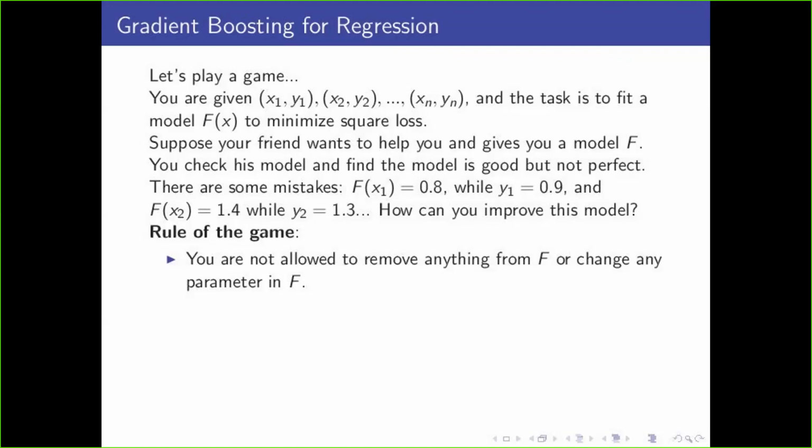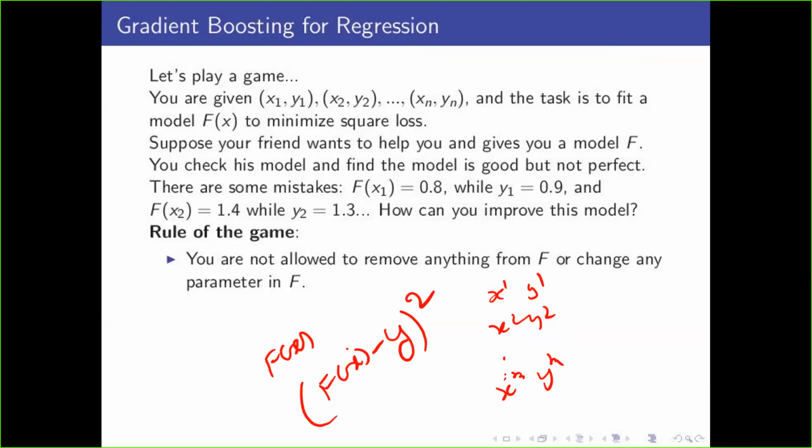So once again, the question. You are given a data set x1, y1, x2, y2, and so on up to xm, ym. You want to learn some function f of x, which is the hypothesis, such that the square difference between f of x and y is minimized for all i.